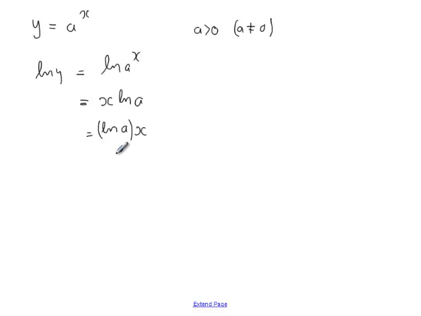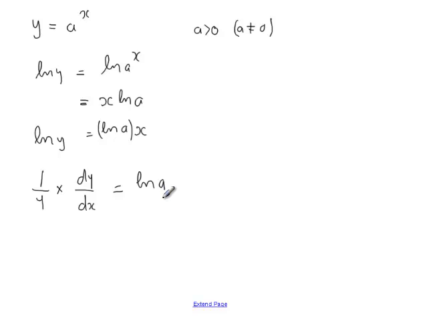Remember that? So now we've got this as ln of y. What did we say about the derivative of ln? We said 1 over the argument multiplied by the derivative of the argument. Then this will be equal to ln a. Is there anybody who doesn't understand why that is ln a?